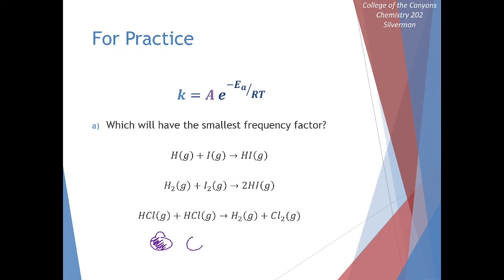We can think about these two molecules trying to collide. Maybe we have to have them exactly side to side so that our hydrogens can line up and our chlorides can line up, trying to form these two products. This seems like the hardest thing to do because we have the least symmetrical molecules.